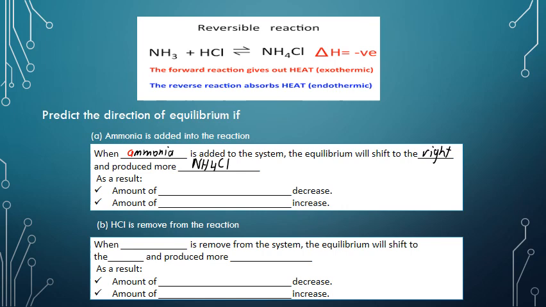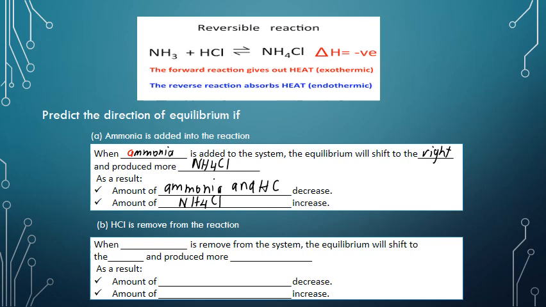That's why the equilibrium will shift to the right and produce more ammonium chloride. As a result, amount of ammonia will decrease, amount of HCl will decrease, while the amount of NH4Cl, which is product, will increase. Jadi, amount of reactant akan decrease, amount of product akan increase.